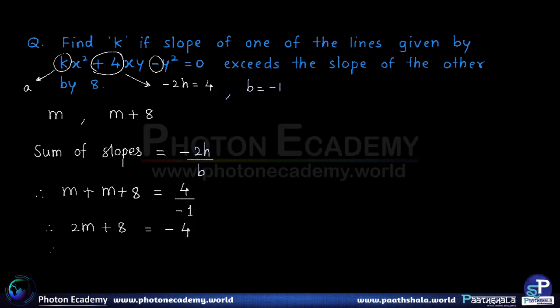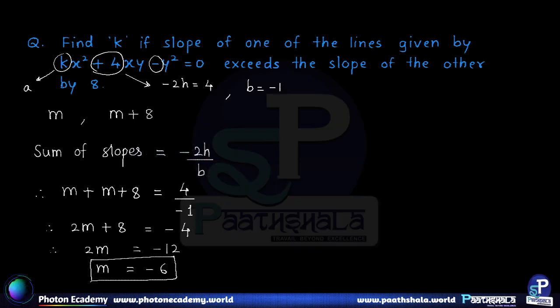So we get 2m is equal to minus 12. So that gives us m is equal to minus 6. That means if one slope is minus 6, then the other slope has to be m plus 8.